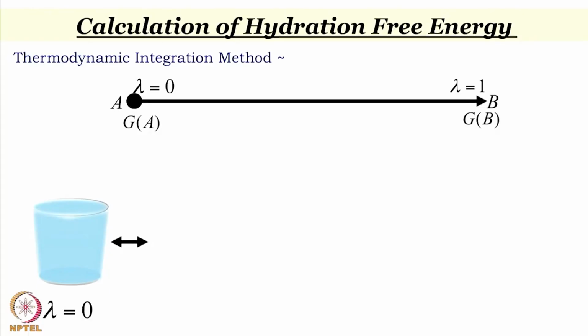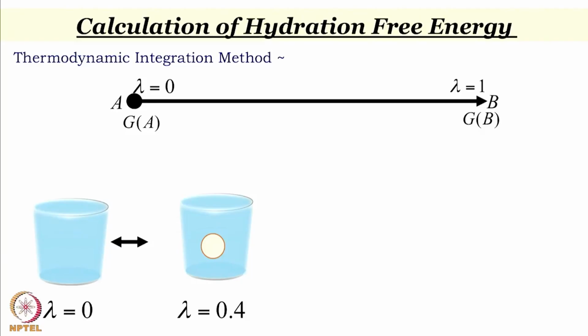Therefore, what we do, say lambda equal to 0, no interaction. When lambda is a small value, here we have shown 0.04, but I will actually put 0.01 or 0.1. When I put lambda equal to 0.1, the entire interaction is not turned on. If it is 0.01, only 1% of the interaction is turned on, and this 1% interacts with the rest of the solvent and slowly aligns that solvent in a favorable arrangement.